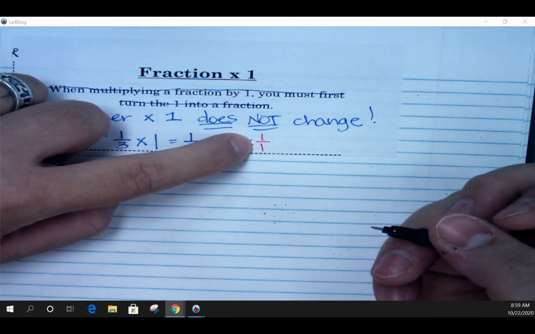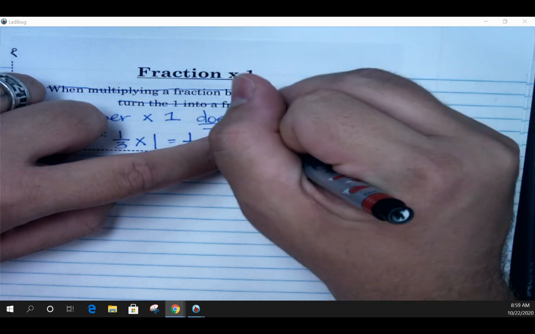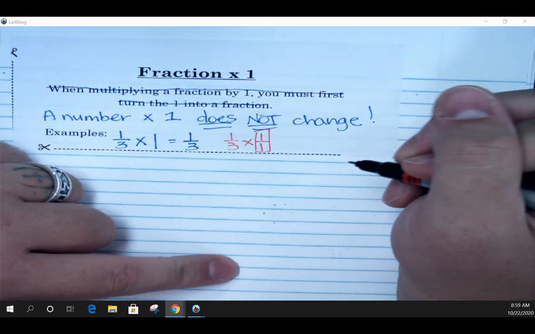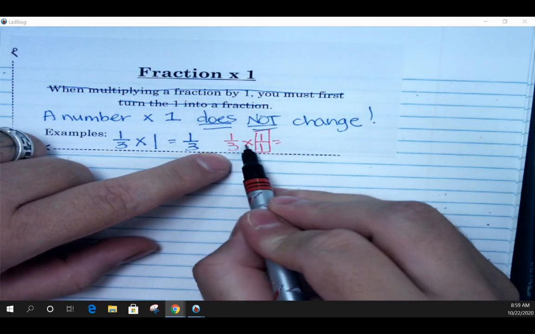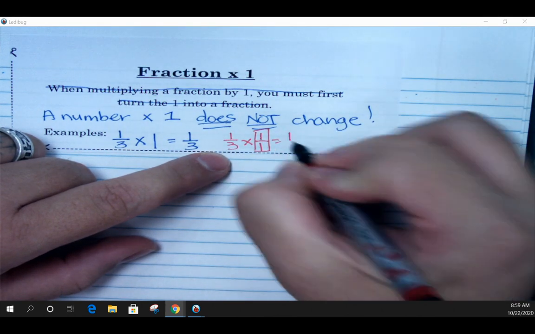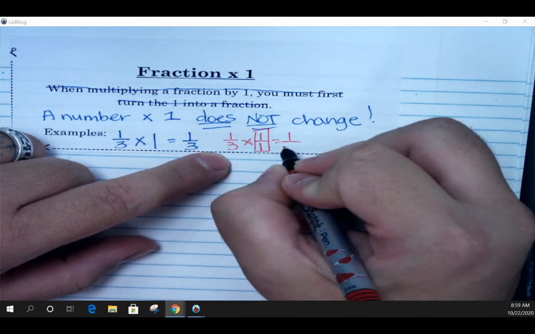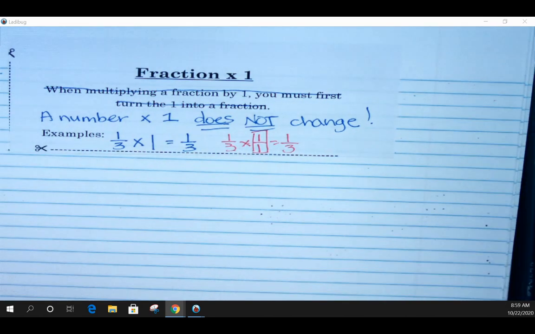What's 1/1? It's 1. 1 times 1 is 1. 3 times 1 is 3. Did it change? But it's just easier for me to leave it alone.